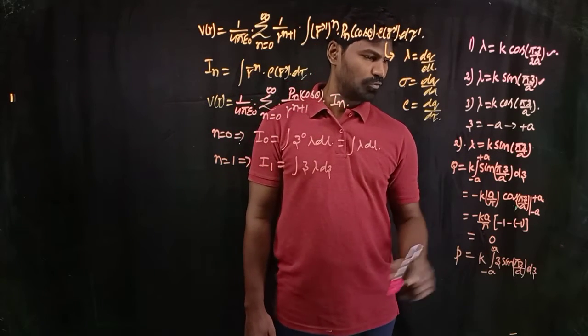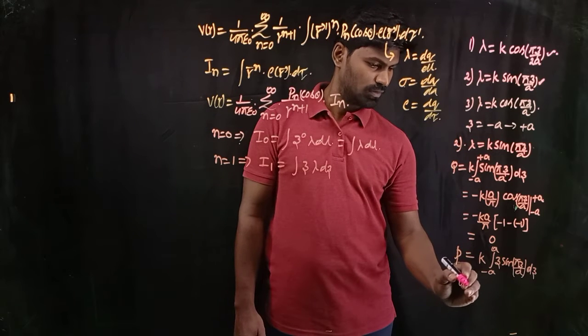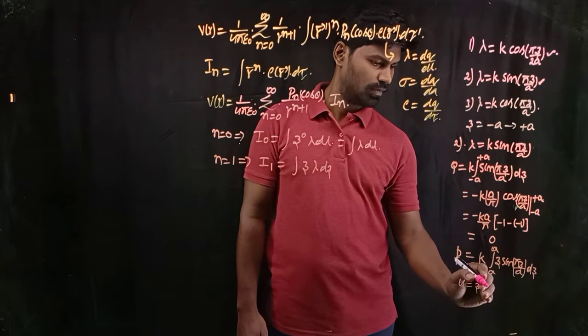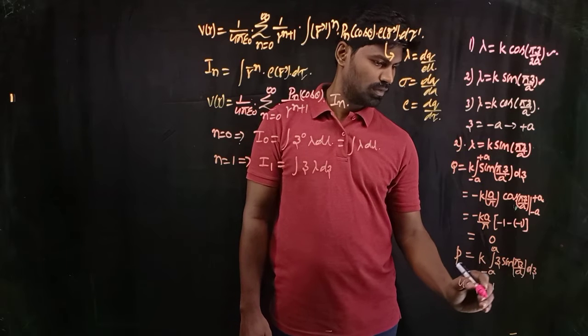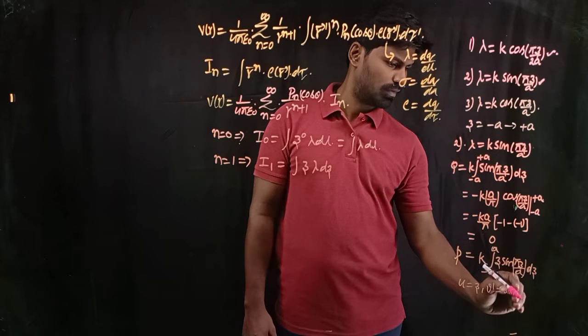So here we need to use the UV formula. Substitute u is equal to z and v dash is sine pi z divided by a.